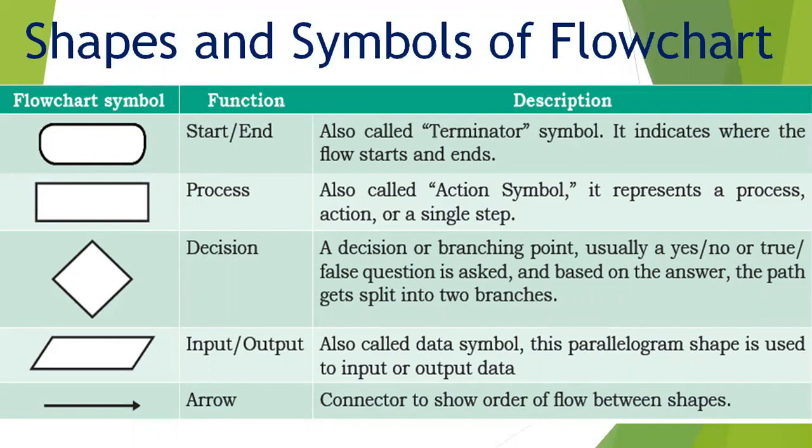And the next symbol, the rectangle symbol, represents any step in the process of our diagramming, and it is the workhorse of the flowchart diagram. So we use rectangles to capture the process steps like tasks or actions in our process.